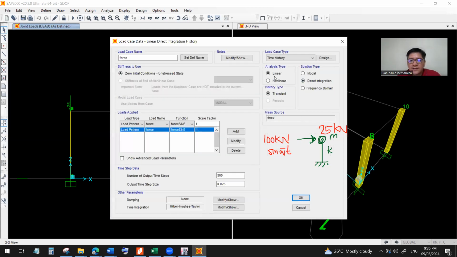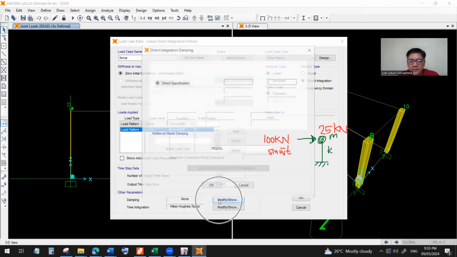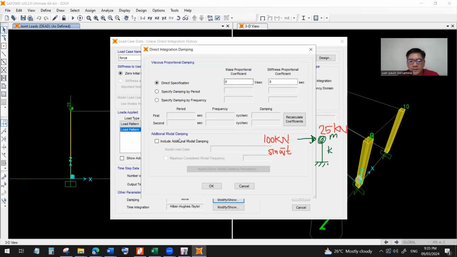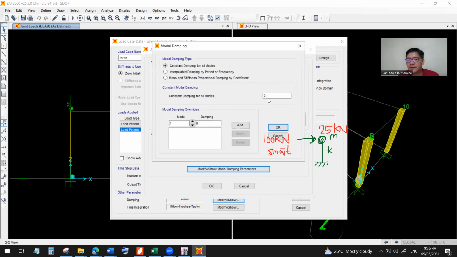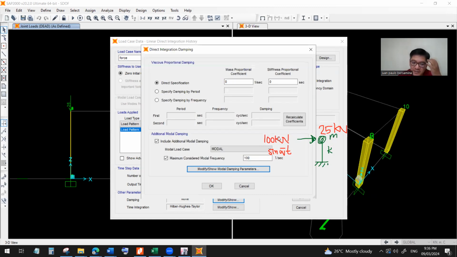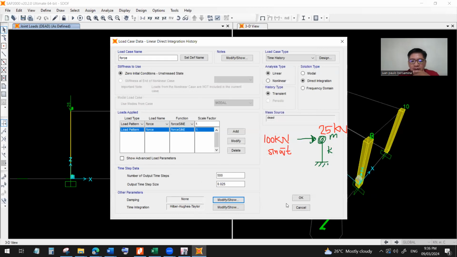Ayan. So, it's a linear. We're assuming elastic pa rin yung property ng material natin, nung section natin, all throughout the loading. Then, sa damping, 0, modify, show, additional damping, ayan, 0. So, walang damping kasi nga, yun yung nasa Excel natin. Okay, what else?